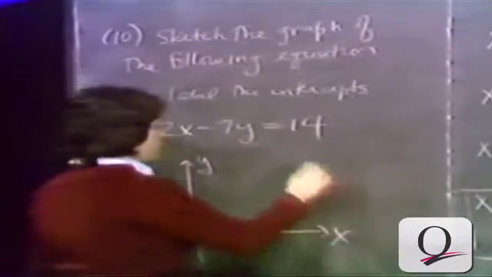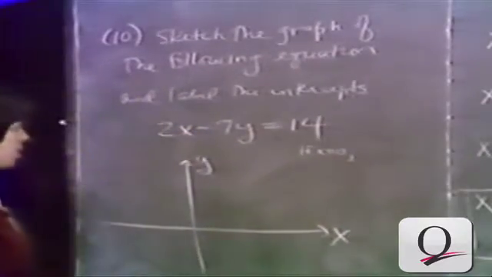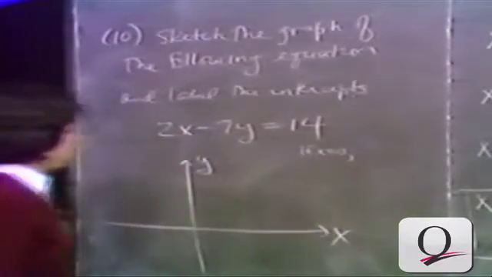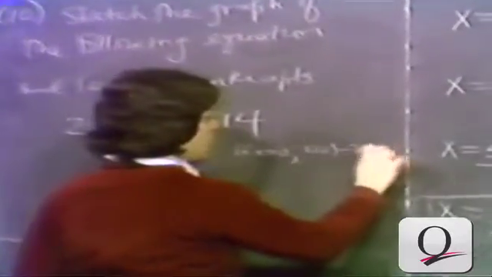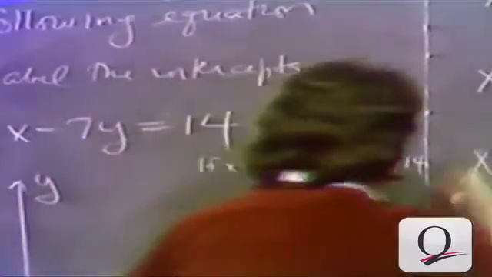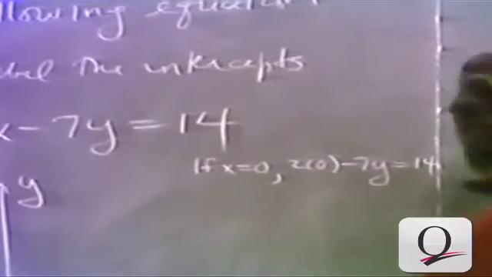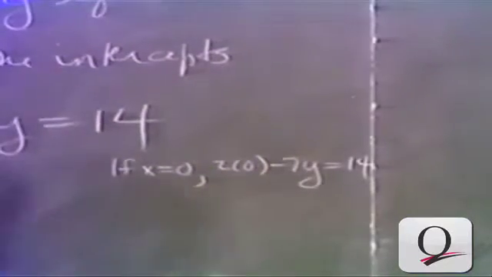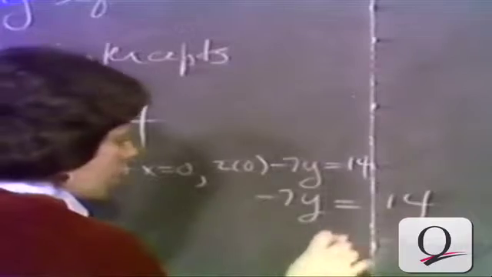We say if x equals 0, we can find the y-intercept. We set x equal to 0, we get 2 times 0 minus 7 times y equals 14. It's 0, so it's minus 7y equals 14.